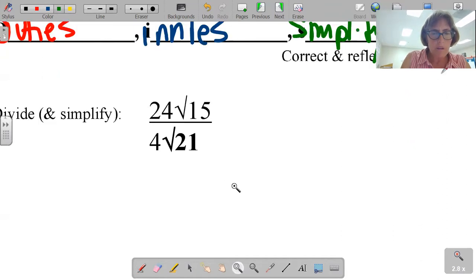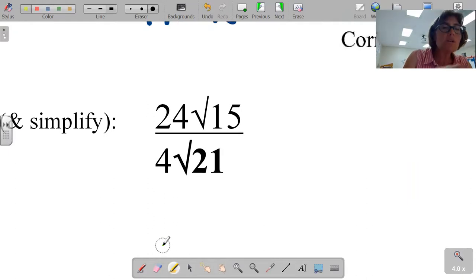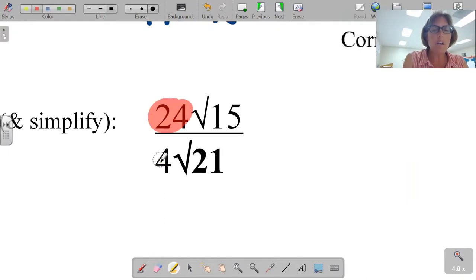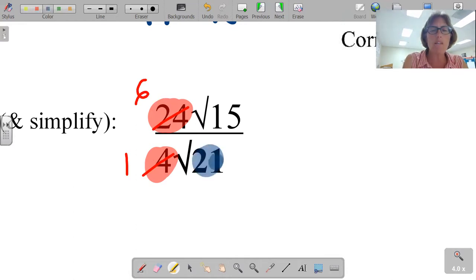Okay, so we're dividing with radicals. So step number 1 is you reduce the outies if at all possible. So we have 24 and 4. That is reducible. 4 goes in there 6 times. 4 goes in there once. Yay. Outies. Now we do the innies, if at all possible.